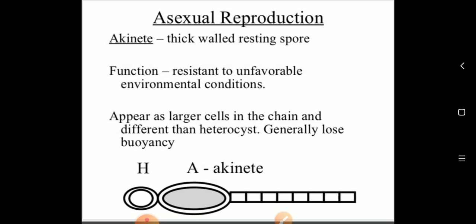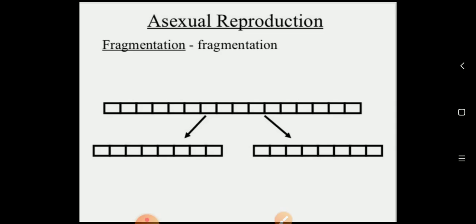They are thick walled resting spores. They are resistant to unfavorable environmental conditions, and they are larger than the other vegetative cells, but they are different from heterocysts. Heterocysts are basically involved in nitrogen fixation, whereas akinetes are resting spores which are involved in asexual reproduction.